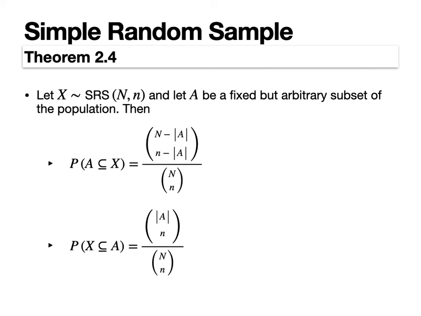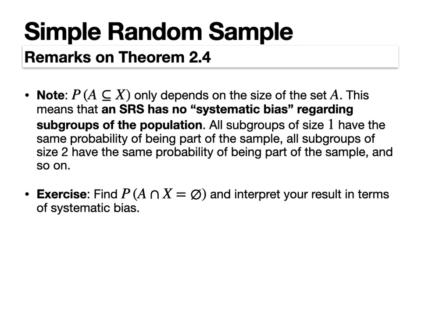Again, we'll talk about the reasons for this in class, but let's think about these results and what they tell us about simple random samples. And I want to focus, first of all, on the first bullet point, the probability that a simple random sample X contains some fixed subset A of the sample space. We noted before that that probability only depends on the size of the set A. What this actually means is that a simple random sample has no systematic bias regarding subgroups of the population, right?